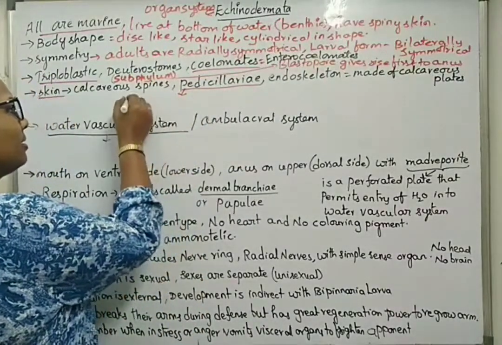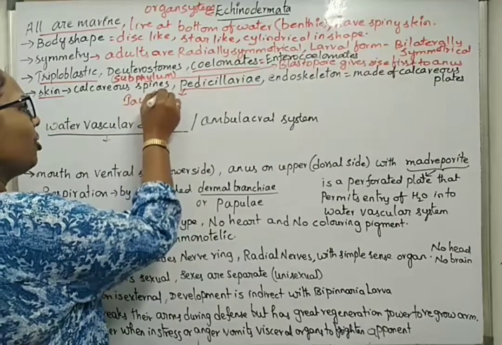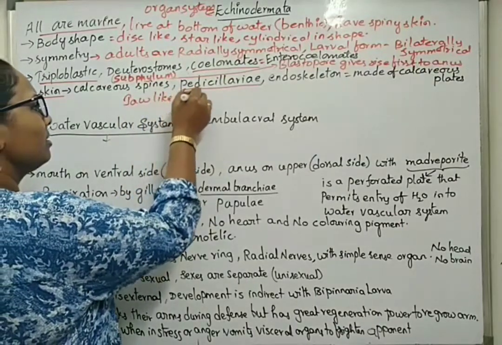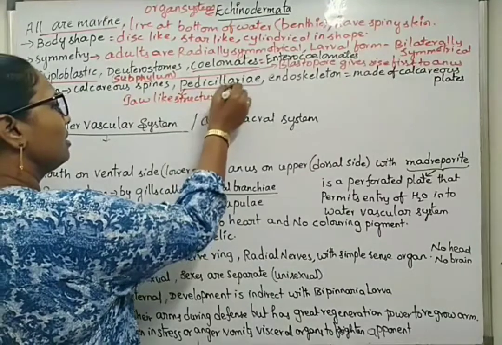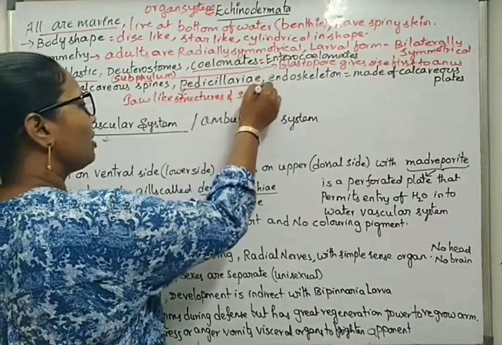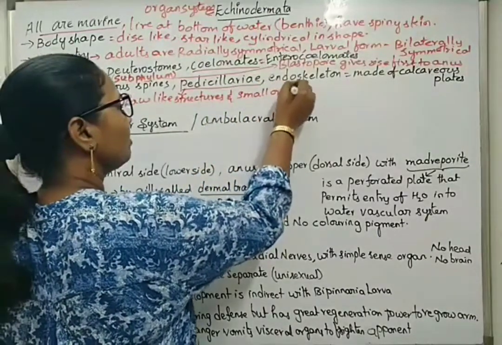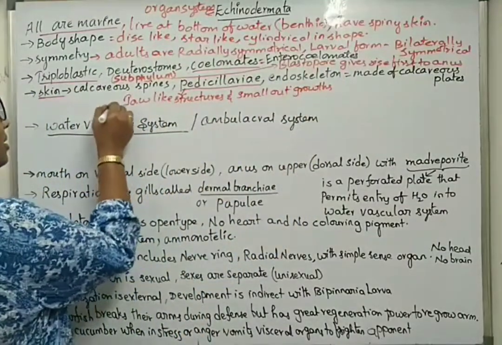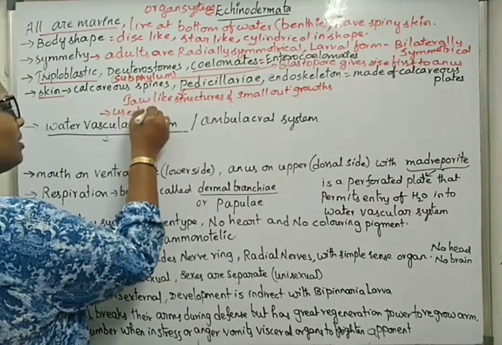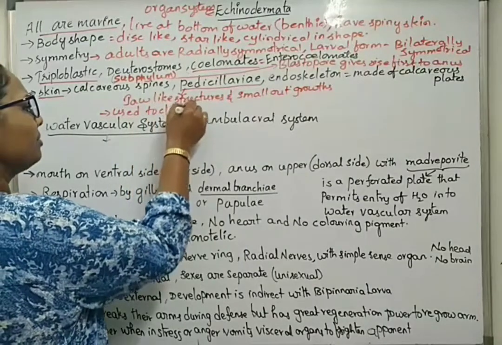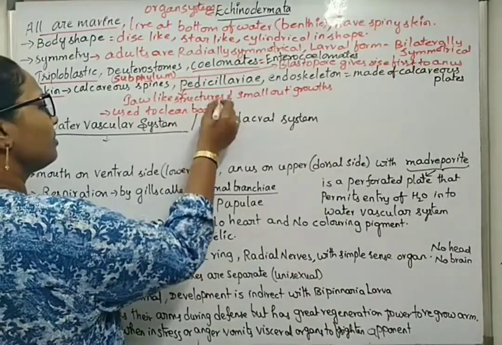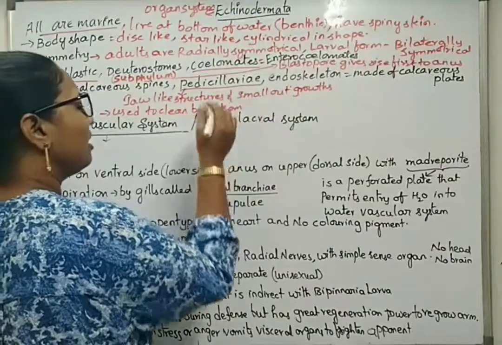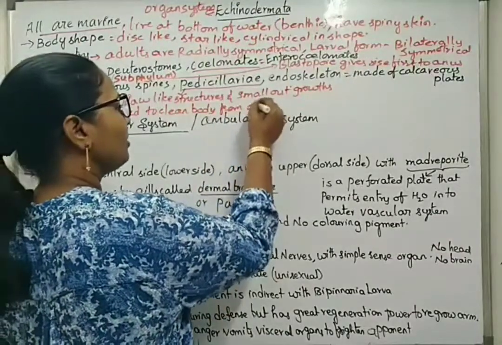These small outgrowths are used to clean the body from attached dirt or debris.